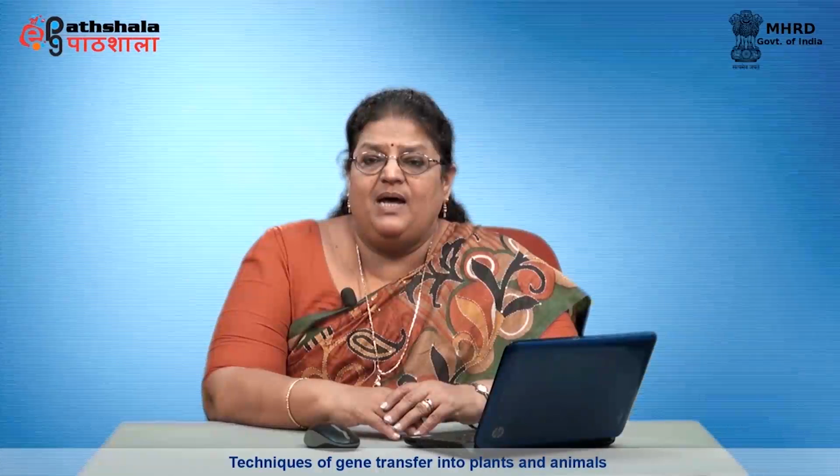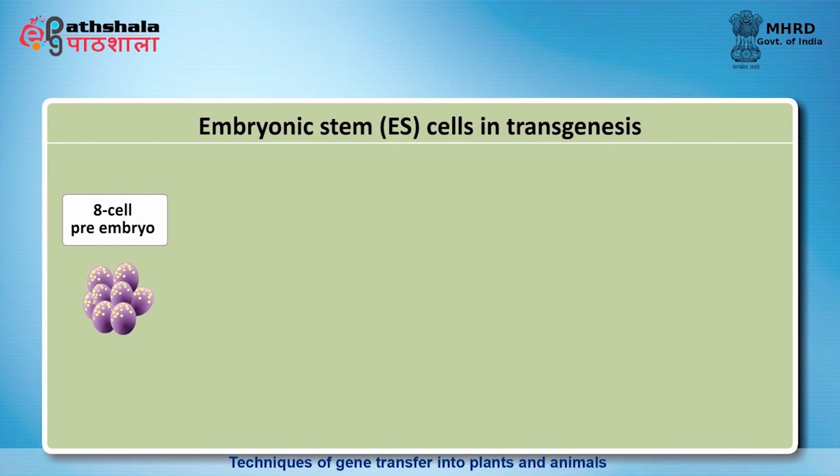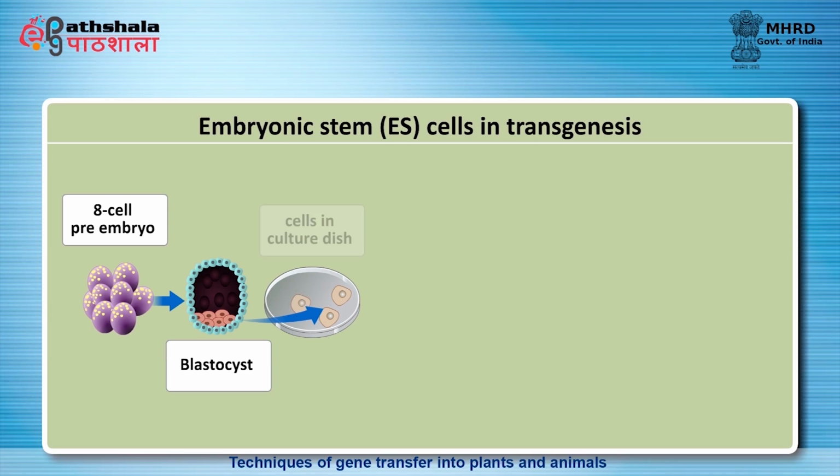The next method is to use embryonic stem cells. During the development of the animal fetus, in the blastocyst stage, the cells can be harvested and maintained in culture. Such cells can proliferate very well under cultured conditions and still maintain their ability to differentiate into variety of cell types.